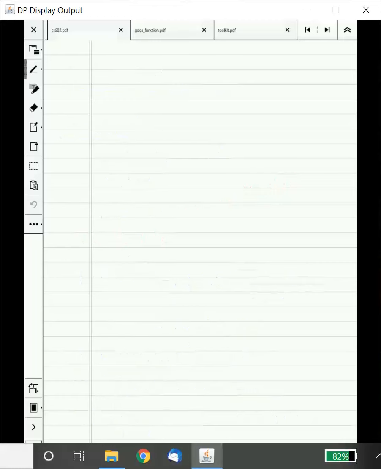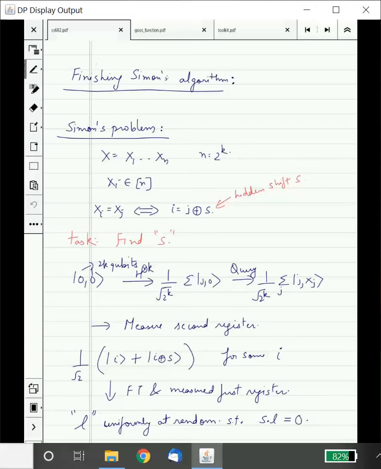What we wanted to prove was, if we repeat this iteration, getting this was called a Simon's iteration.